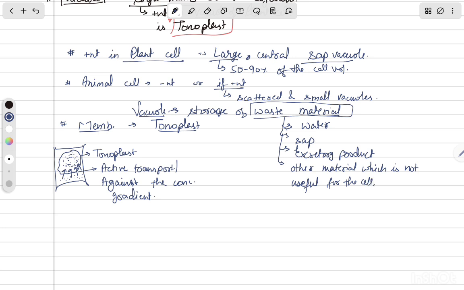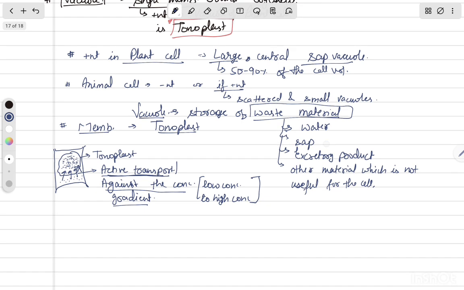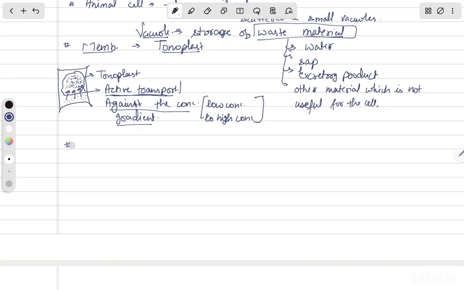So these are stored in the sap vacuole, and concentration of these components is high in the sap, and low in the cytoplasm. So movement of these solute particles from cytoplasm into the vacuole is against the concentration gradient, means from low concentration to high concentration, right?